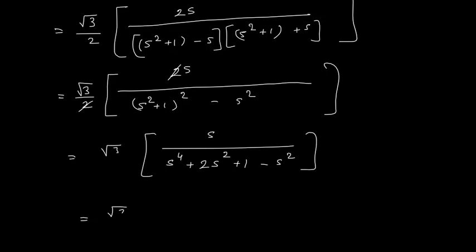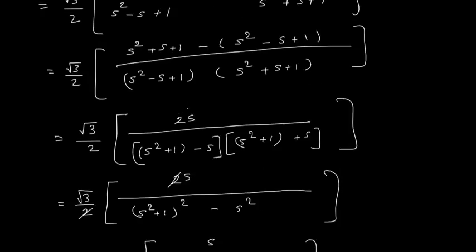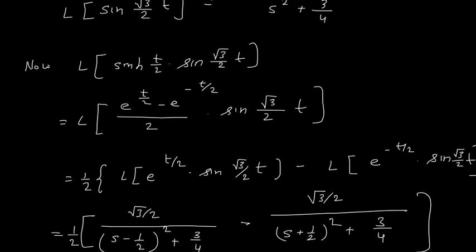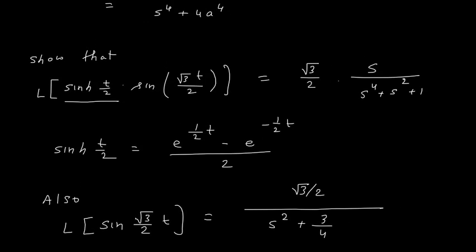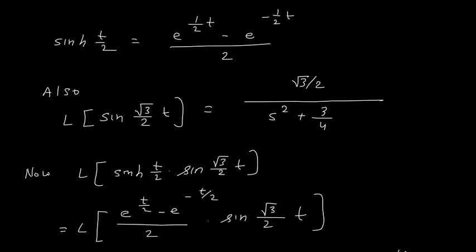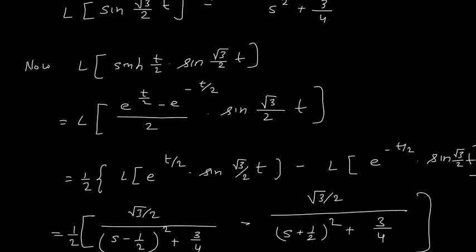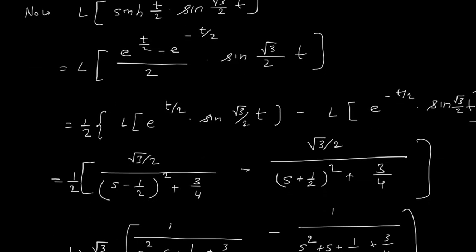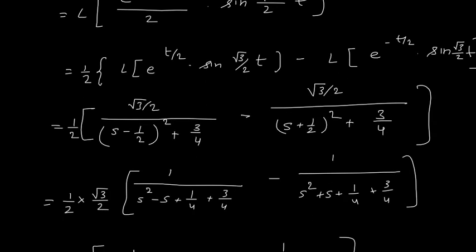So this is root 3 into s upon s power 4 plus s square plus 1. So s upon s square plus s plus 1, this we have got as root 3 by 2. Okay, this is missing. So let us check where we have made a mistake. 1 by 2, okay, here it is.